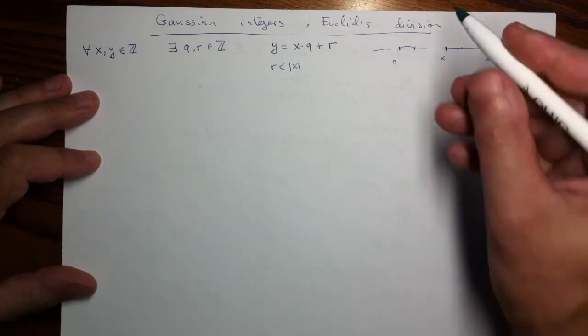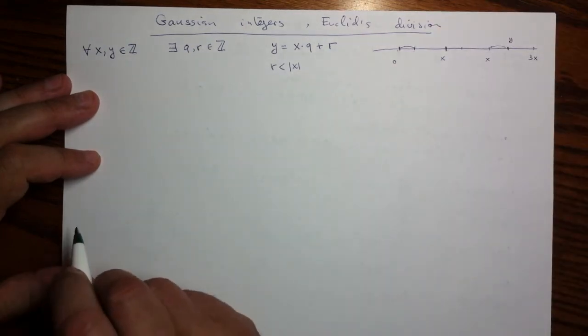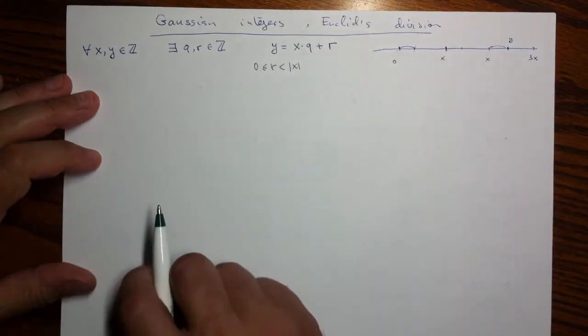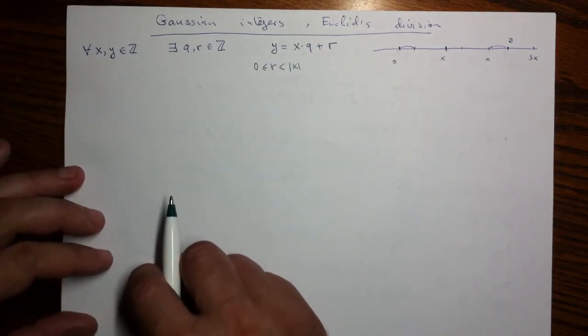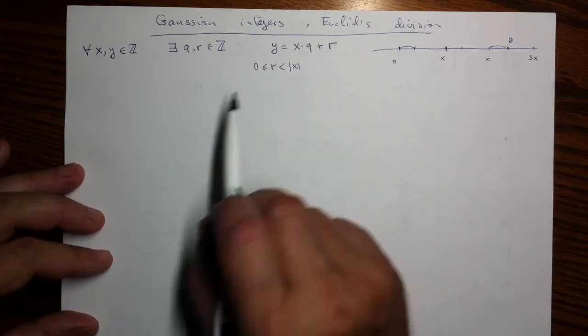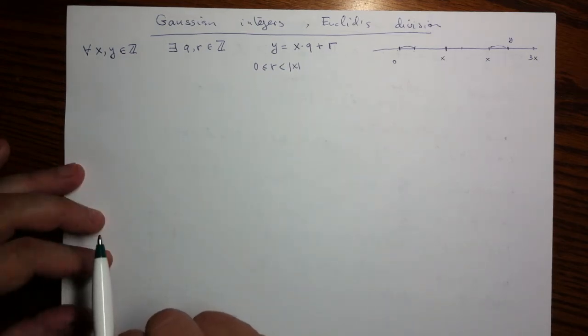So this is a semi-open interval, and hence the condition that the remainder can be assumed to be non-negative and bounded by x. There is another component to this Euclid's division statement saying that q and r can be made unique under these conditions, but we will not be using it much.